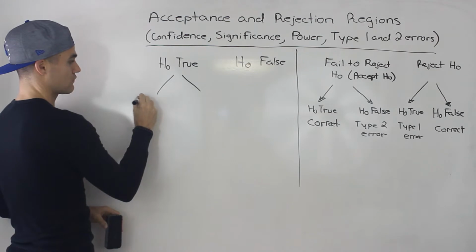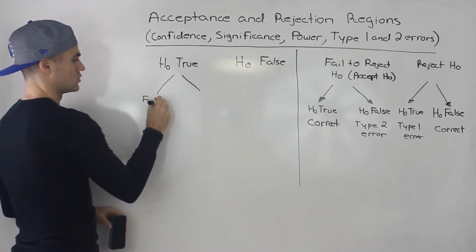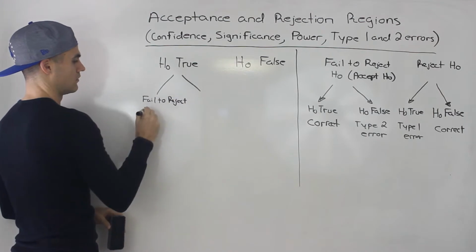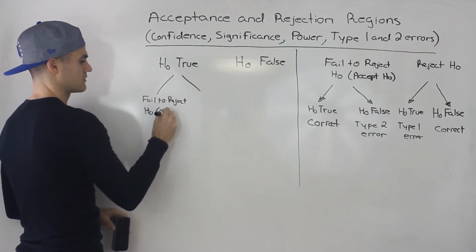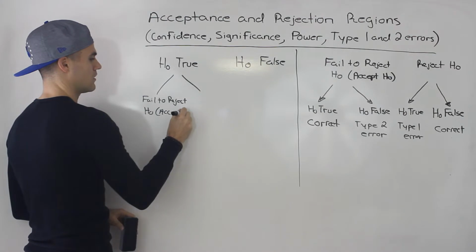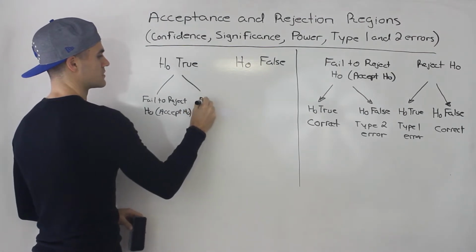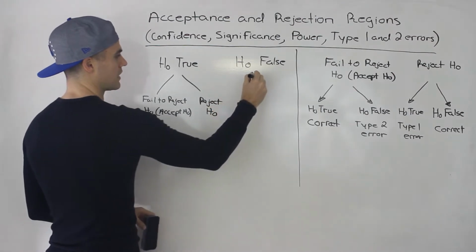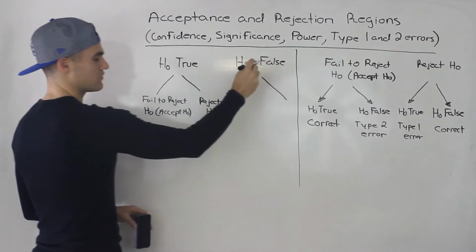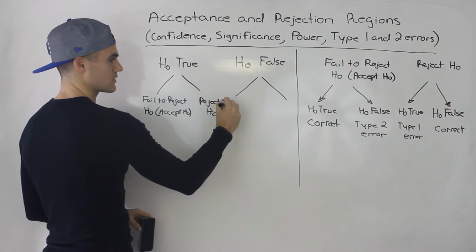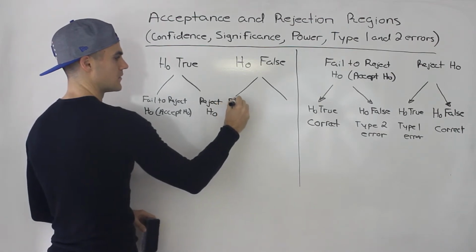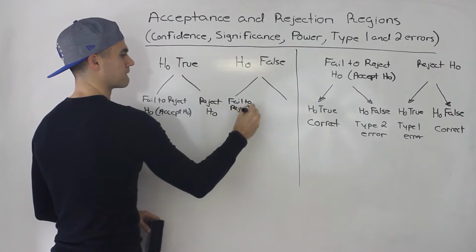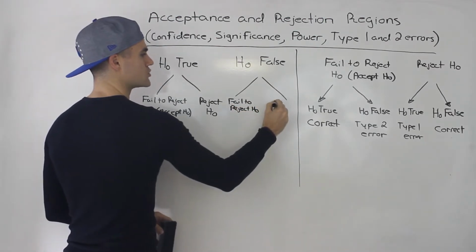So you could either fail to reject the null, that's like accepting the null, or you could reject the null. Same thing here. The null can be false, and you could do one of two things. You could fail to reject, or you can reject it.